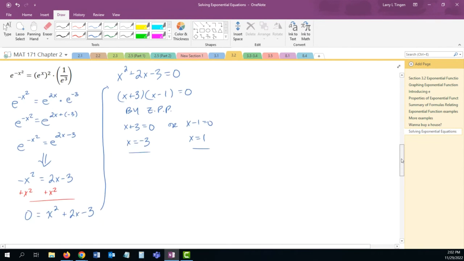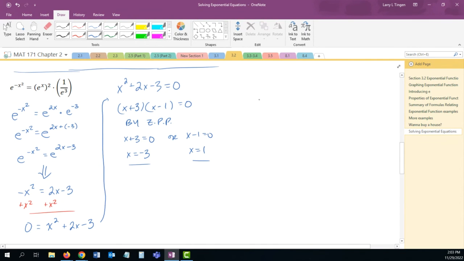And then we check. Again, I would encourage you to use Desmos because you have to go back to the original problem, e to the -3 squared is equal to e to the -3 squared times 1 over e cubed. -3 squared is 9.